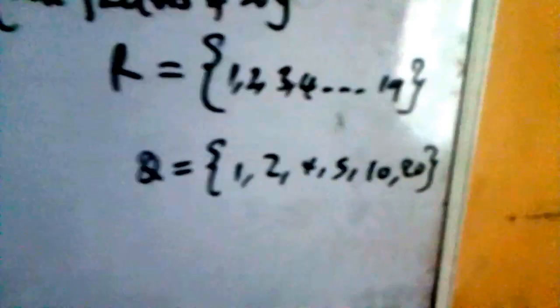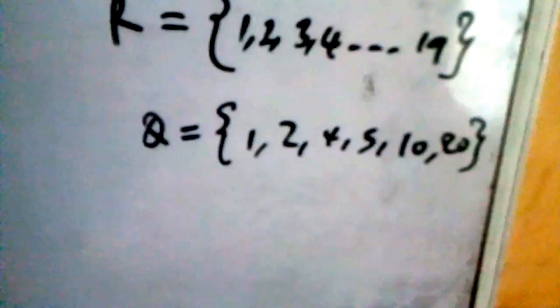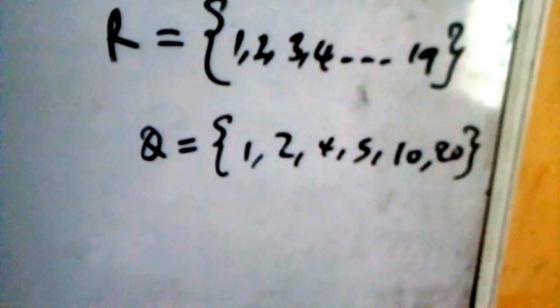So now we are expected to examine R intersection Q. The intersection of sets is actually the elements which belong to both of these sets.